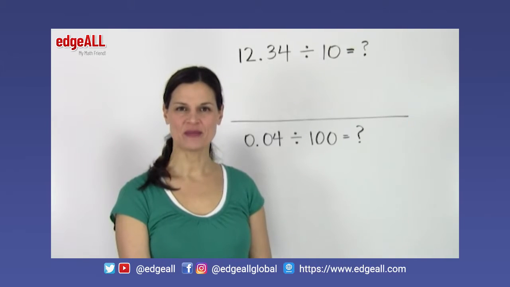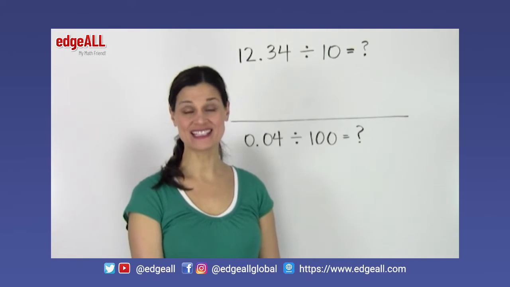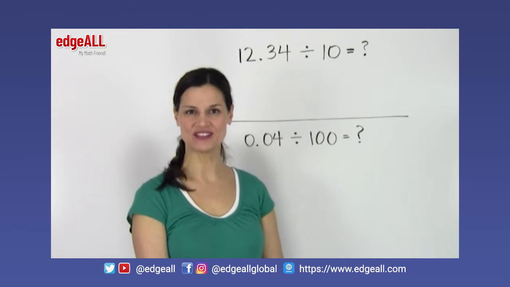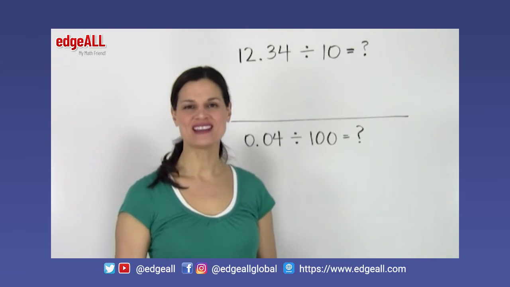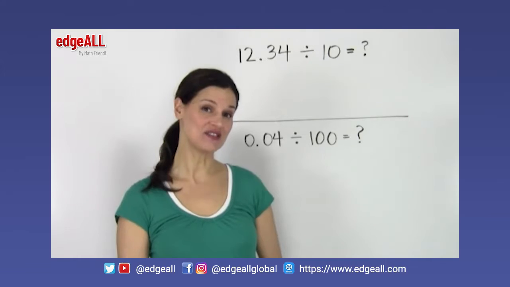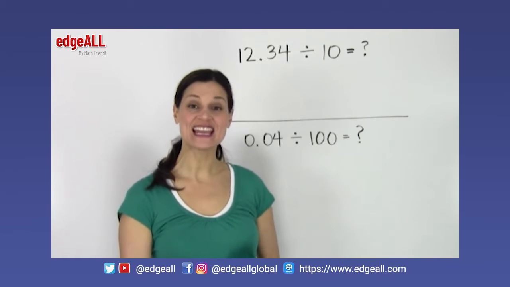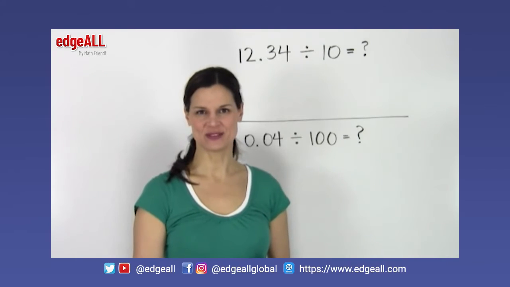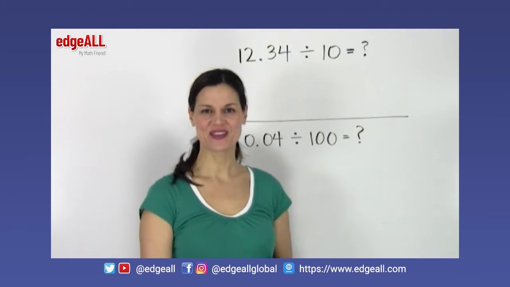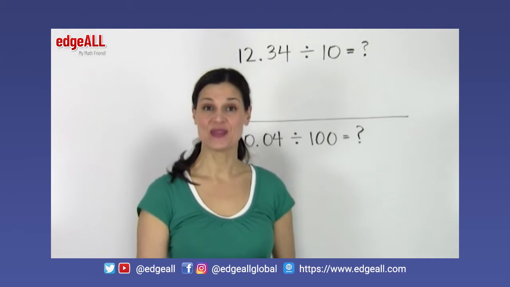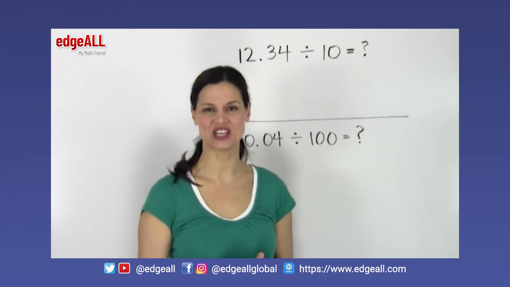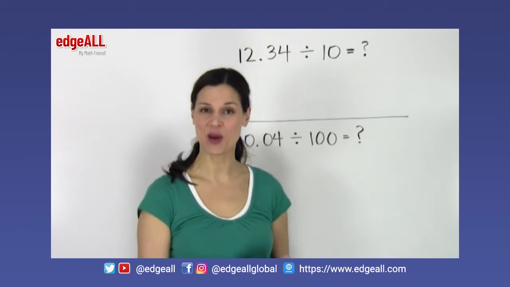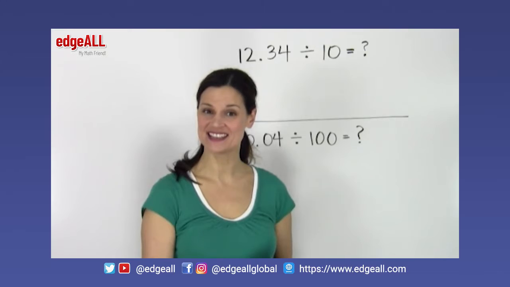If you have a problem in which you need to divide by 10 or by a multiple of 10, you can always divide using long division, but there is an easy way, a shortcut, to dividing decimals by multiples of 10. All you have to do is change the position of the decimal point in the dividend.